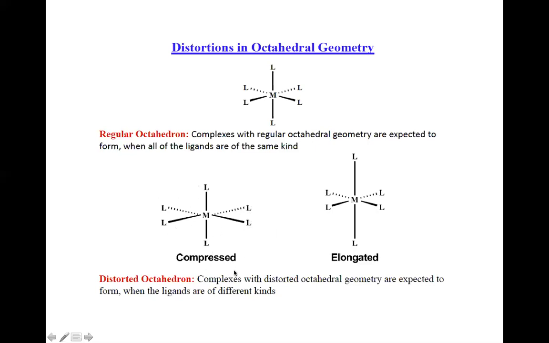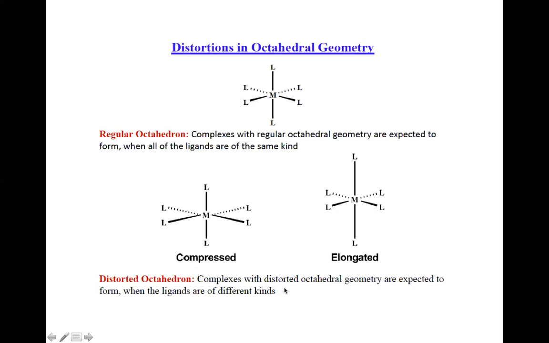In a compressed geometry, these axial ligands are compressed, meaning the metal-ligand bond lengths present in the axial direction are a little bit shorter as compared to those present in the equatorial plane.